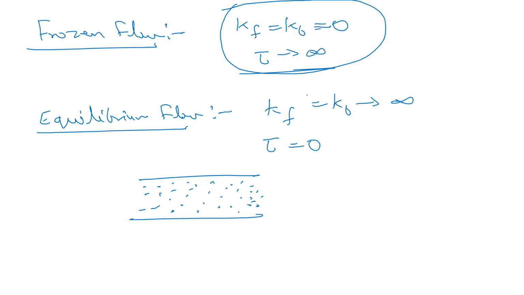But we already know that it is not possible that the flow is completely frozen, like there is no chemical reaction or vibrational excitation, or that the flow is in equilibrium, like there is no time taken for the chemical reaction or vibrational excitation.